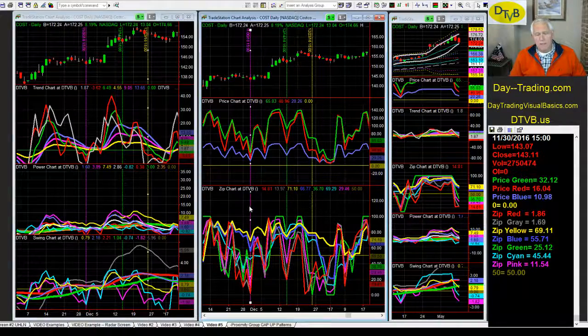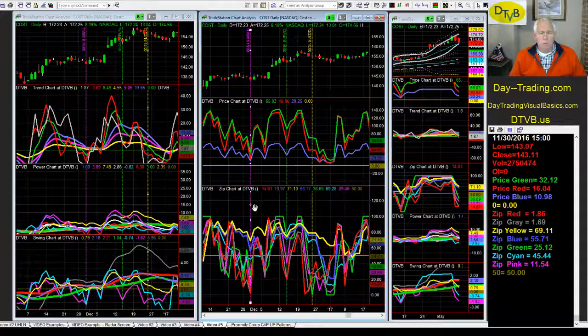But the thing that happens so often with Zip Red and Gray, let me just say that these two are indicators that need supporting evidence around them. There's a lot of indicators that are stronger than other indicators, and as you listen to the videos, you'll capture and see which ones are those.